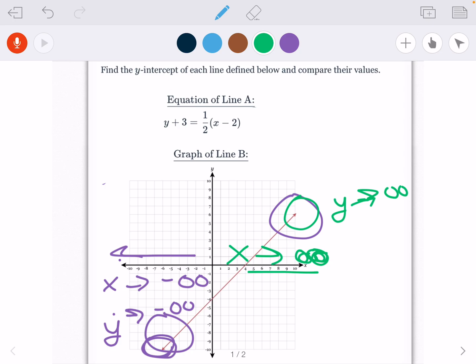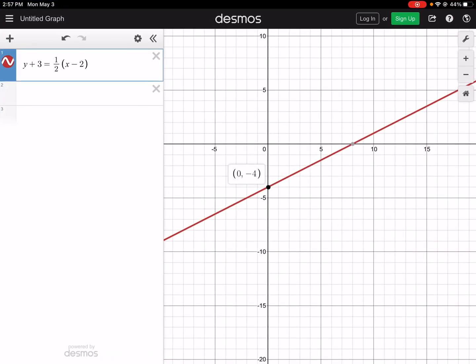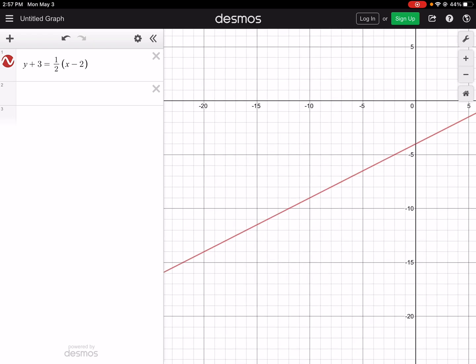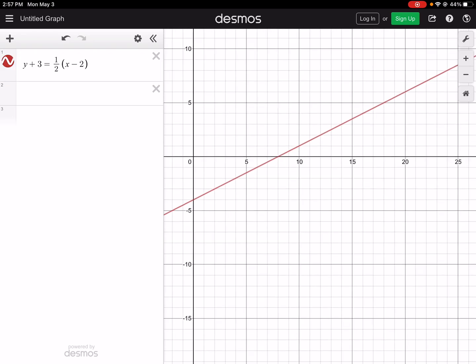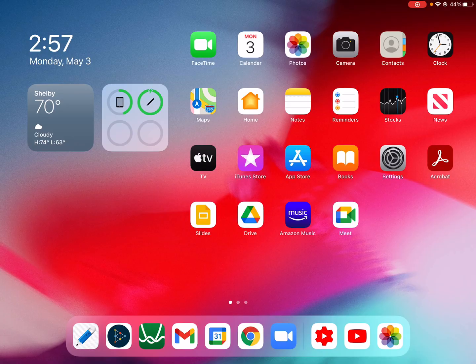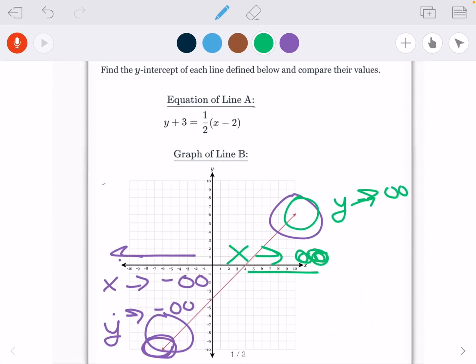So let me look at my Desmos equation again. On this one, I can see the far left has it going down, lower and lower. And the far right, it's going to go up and up and up, just like the other graph does. So your answer, if it was end behavior, is the end behaviors are the same as well.